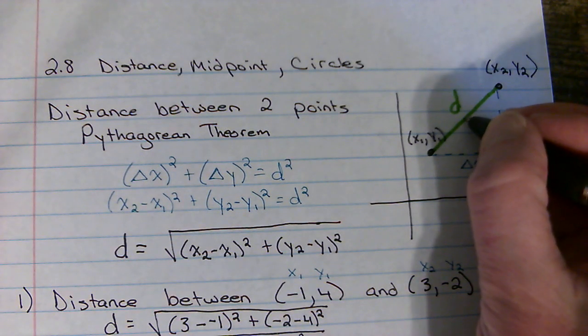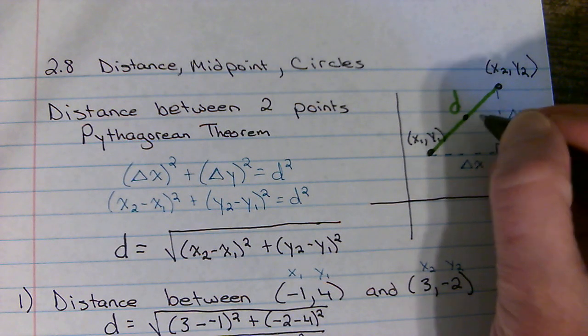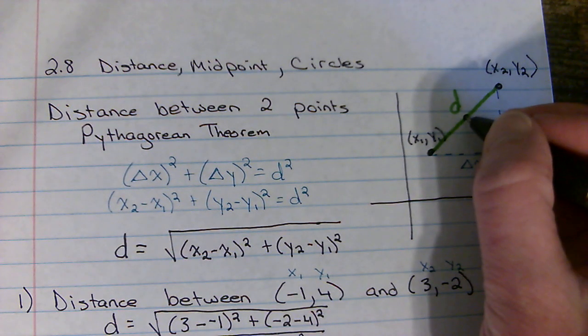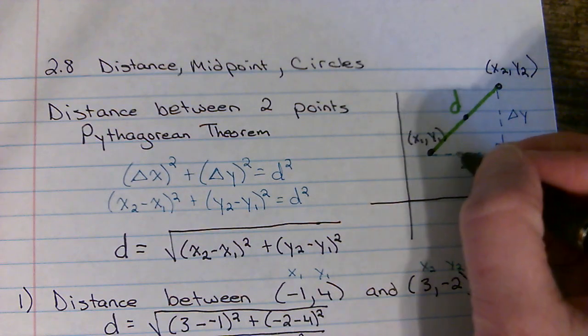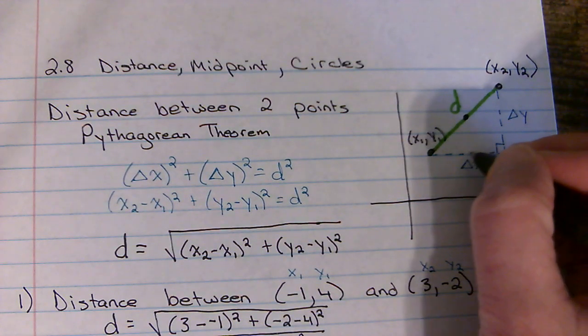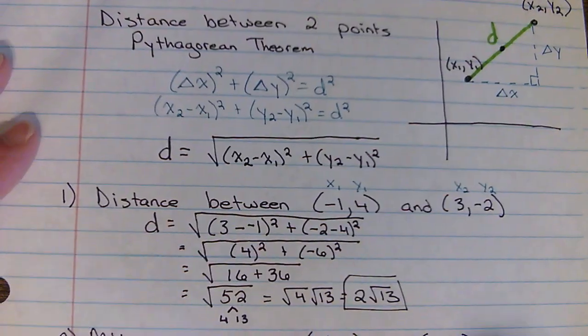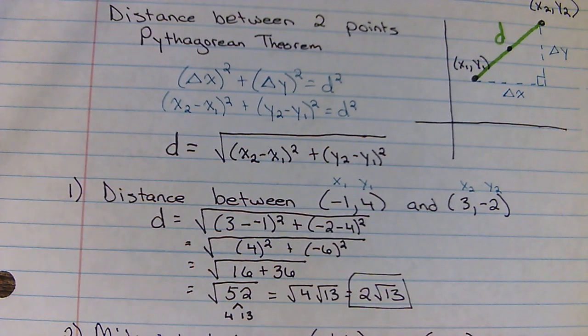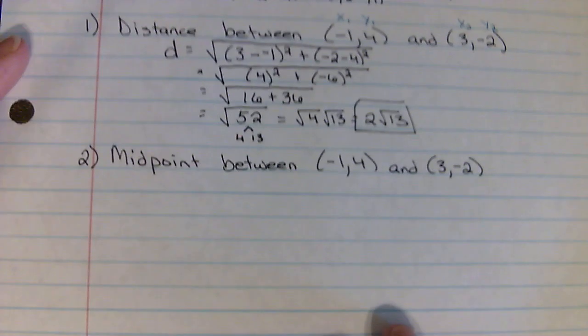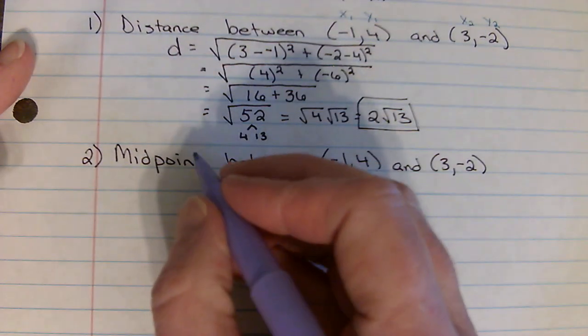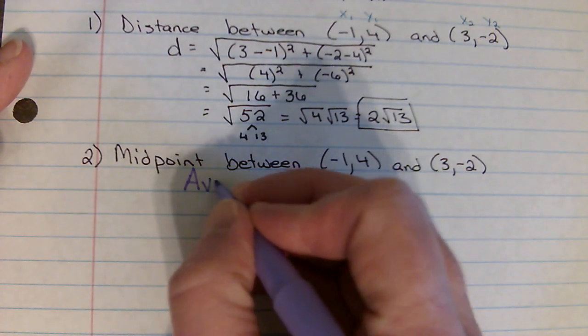Or would it be right smack in the very, very middle? If it's in the very middle, then it's halfway between the x's and halfway between the y's. So all you're actually doing to find midpoints is averaging the points.